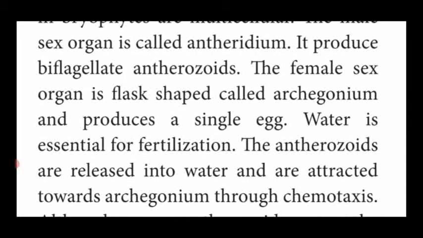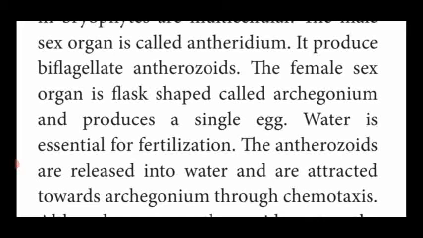This antheridium afterwards produces the antherozoid. This antherozoid contains two flagella. That's why it is named as biflagellate antherozoid. Why is it said to be biflagellate? Why does it contain two flagella?